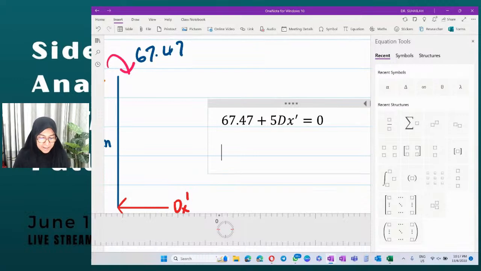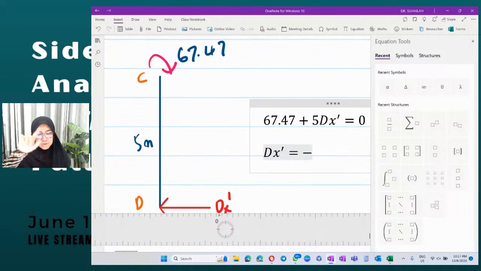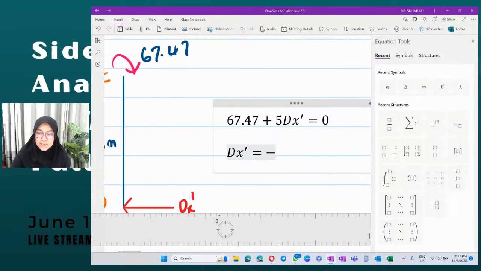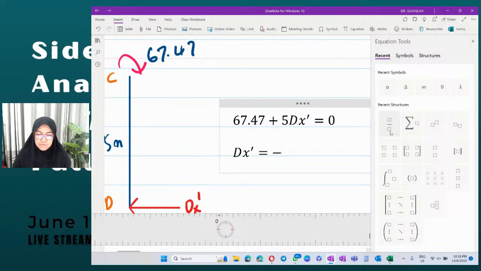So what is DX prime? DX prime equal to 67.47 divided by 5. Negative, yeah? It is positive, so it is negative.